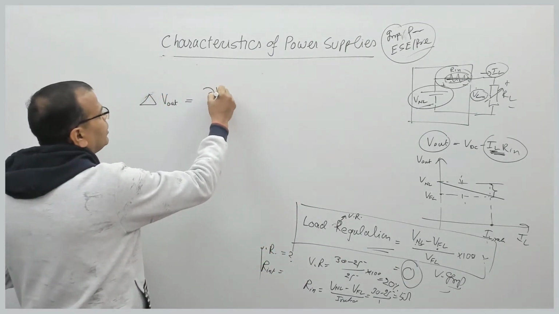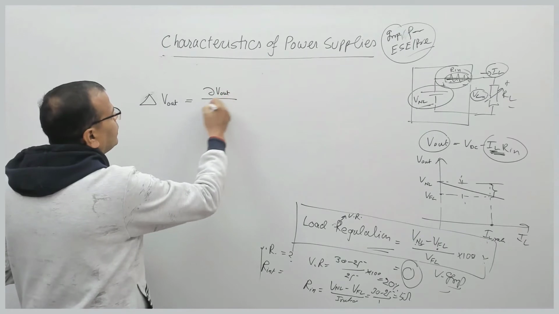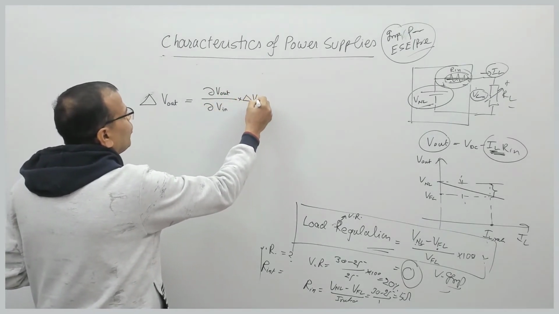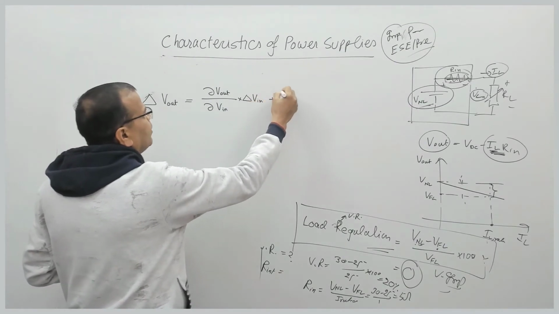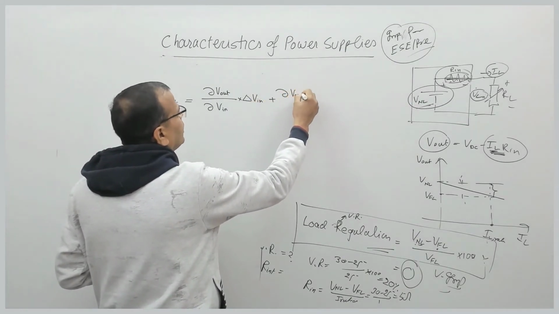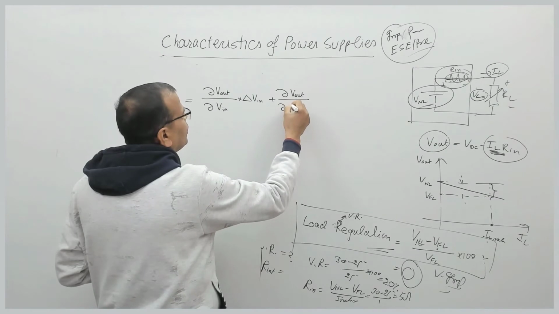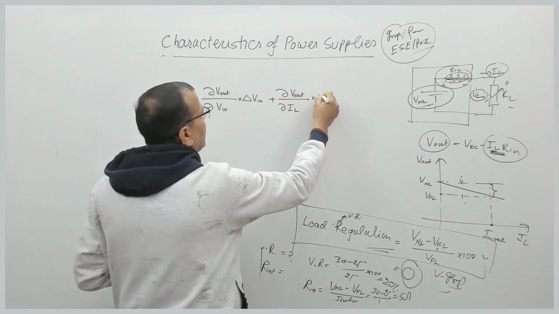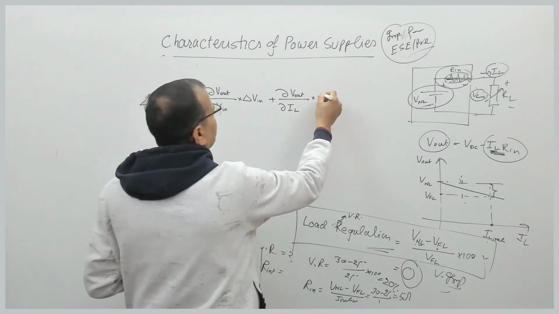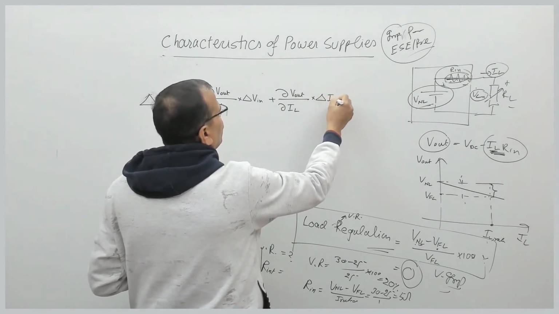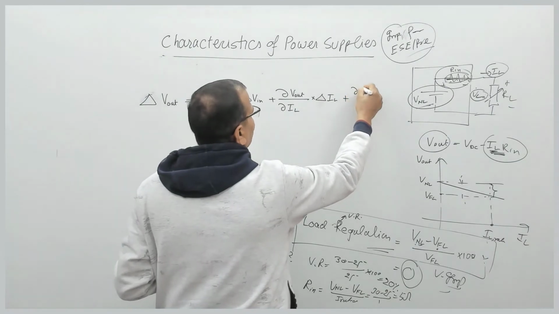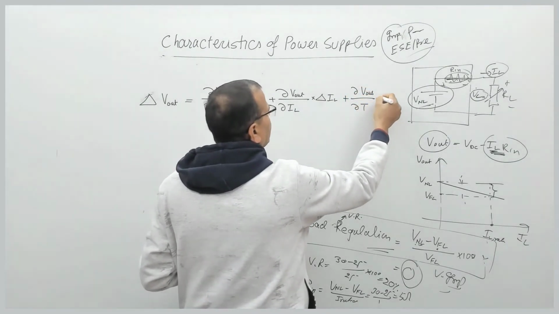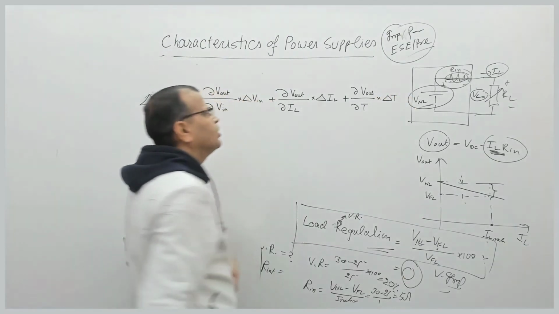So fluctuation in output voltage with respect to fluctuation in input voltage multiplied by the variation in V in, plus fluctuation in output voltage because of fluctuation in load current multiplied by the variation in load current, plus fluctuation in output voltage due to fluctuation in temperature multiplied by variation in temperature.